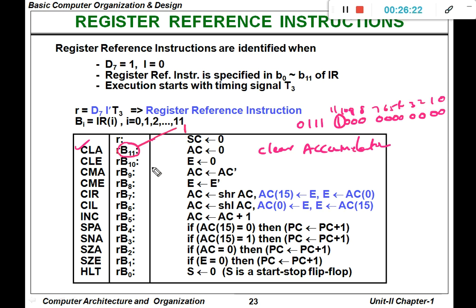Similarly, B10 means the 10th bit will be 1, and all the remaining bits will be zeros: 0, 1, 0, 0, 0, 0, 0, 0, 0, 0, 0, 0. In hexadecimal it is represented as 400. So the actual code is 7400. Okay, 7 is fixed, then 400.